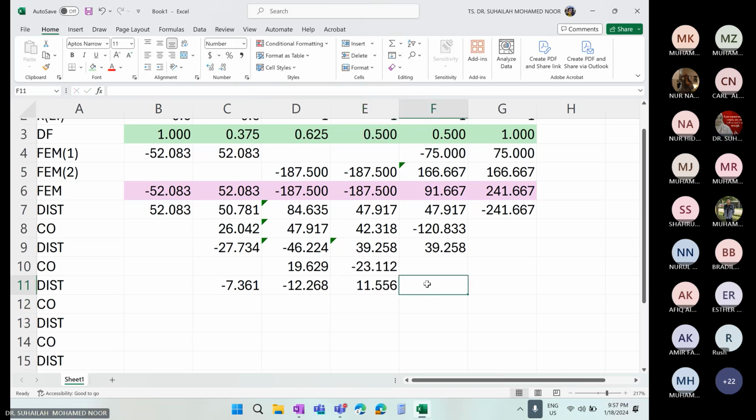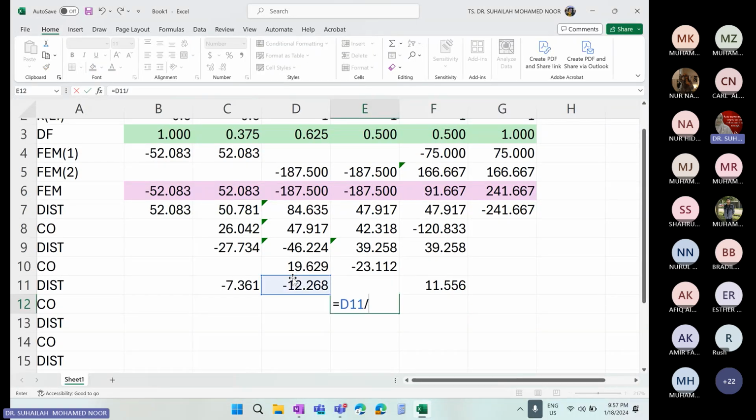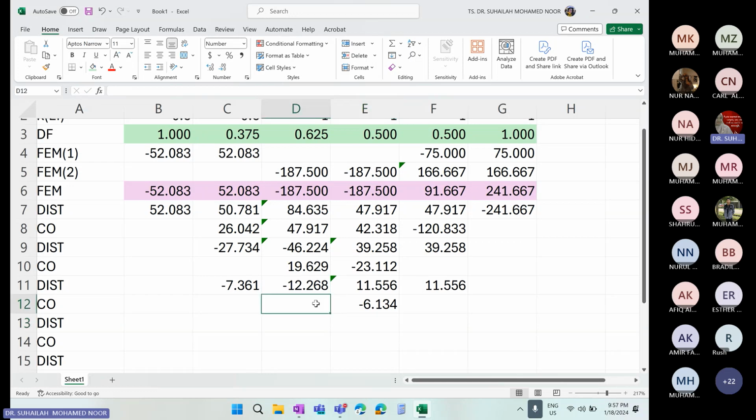Negative. This is joint moment times with factor 0.5. Then carry over. Carry over 12, and 11.5 we carry over.